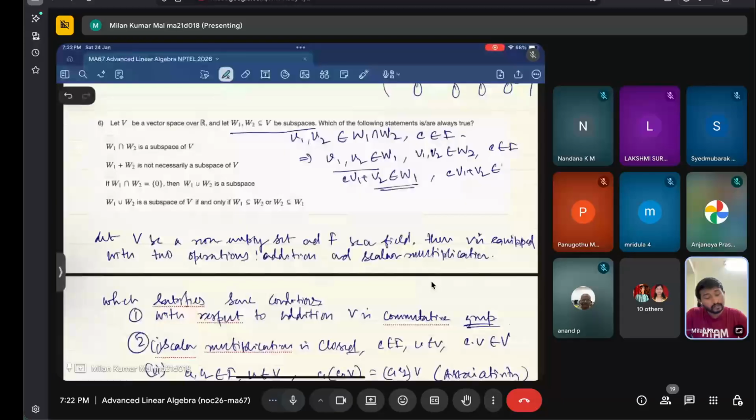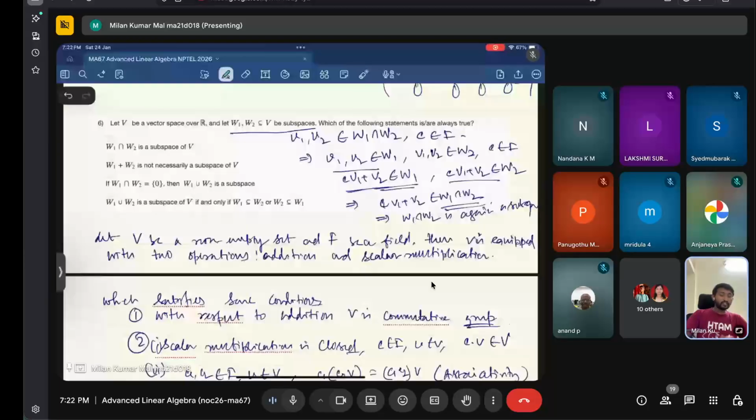Now this term is in both W1 and W2, so C V1 plus V2 is in W1 intersection W2. So W1 intersection W2 is again a subspace. So this is correct.